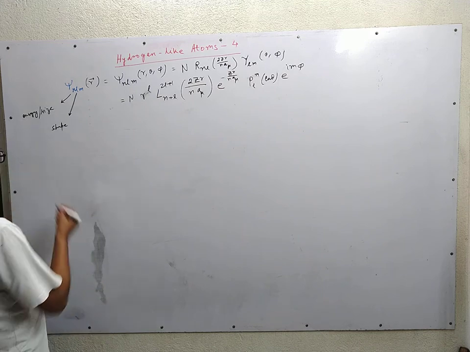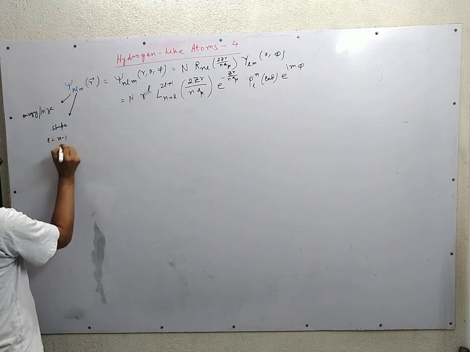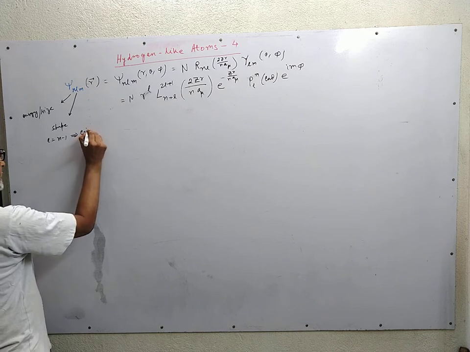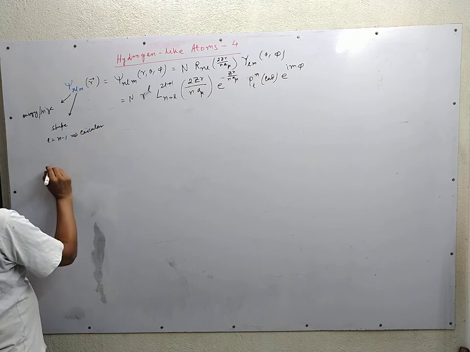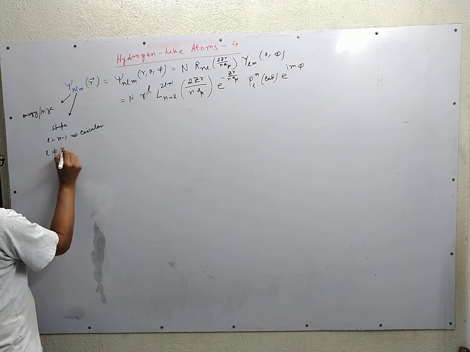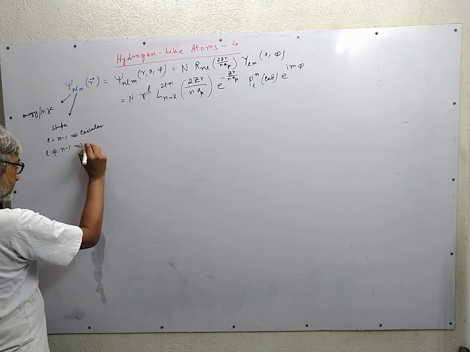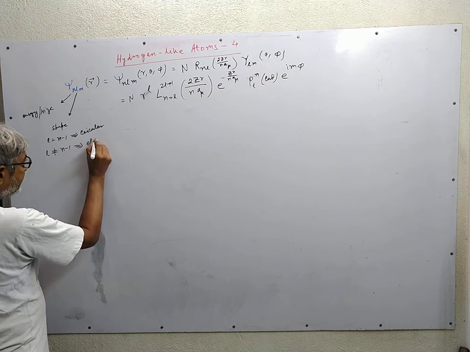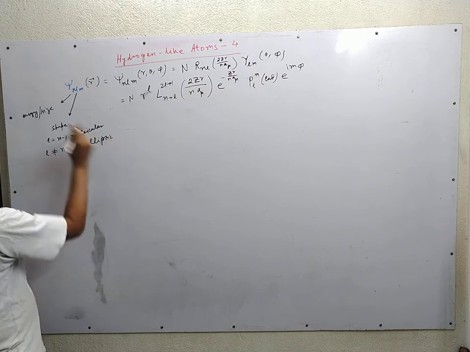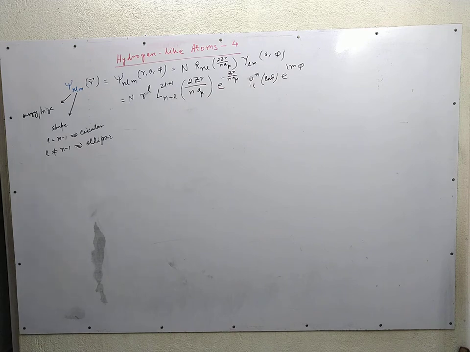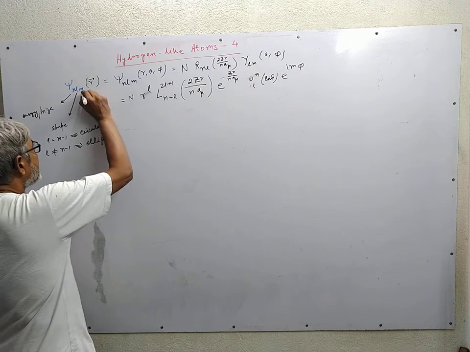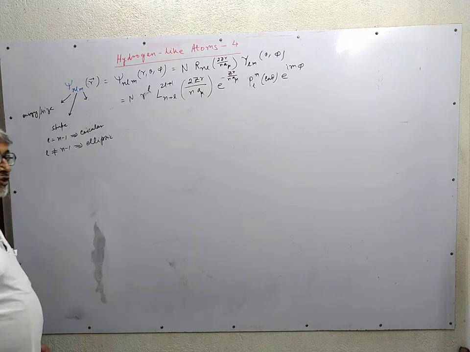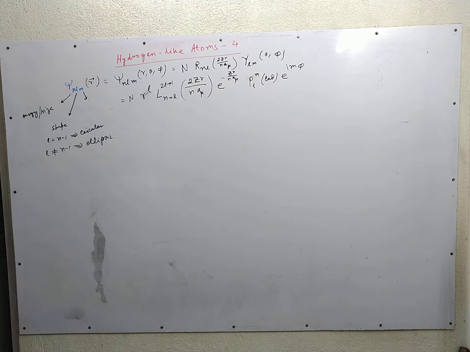For example, if l is equal to n minus 1, the orbit is circular, and otherwise, for l not equal to n minus 1, the orbit is elliptical. So the l value determines the eccentricity of the orbit. And the m quantum number determines the projection of orbital angular momentum in the direction of the z-axis. So these are the three quantum numbers.